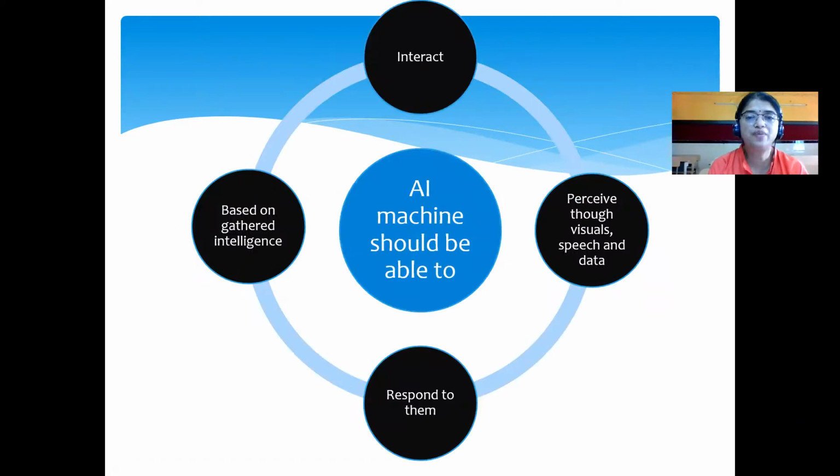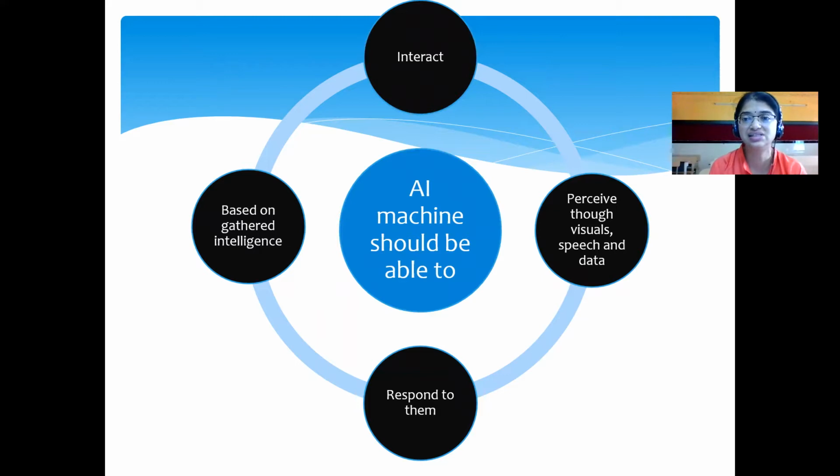Now, AI machines should be able to do what all things? They should be able to interact. They should be able to perceive through visuals, speech, and data. They should be able to respond to these things, and based on the gathered intelligence, they should again be able to interact. How do we live our day-to-day life?